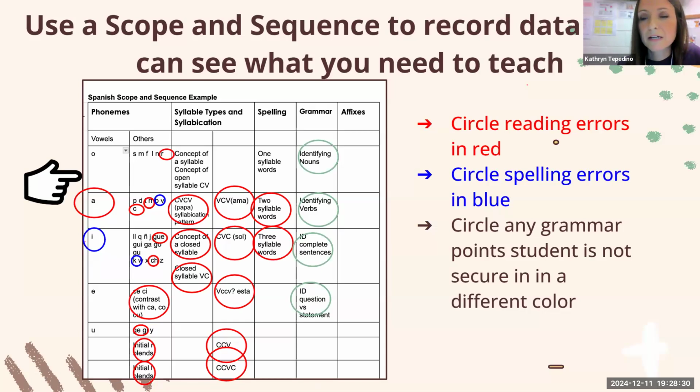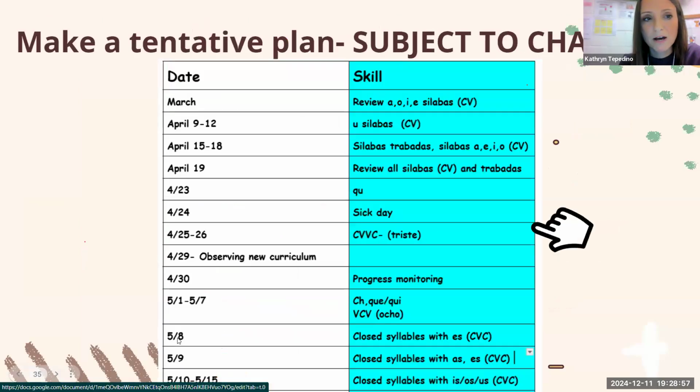You can download phonics Spanish scope and sequences for free. So this is my own scope and sequence that I put together from different programs and from my training in structured literacy. But I'm not saying that this is how you should teach or the order you should teach. It does go from more simple to complex.